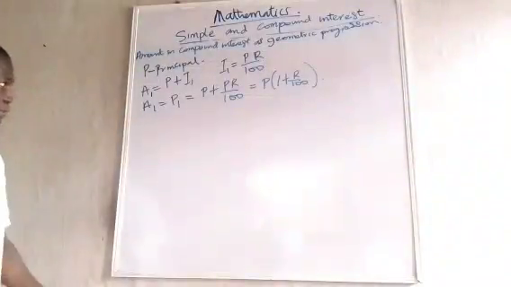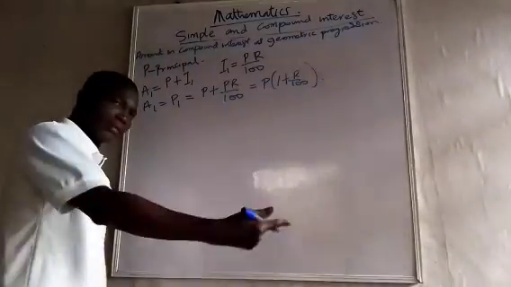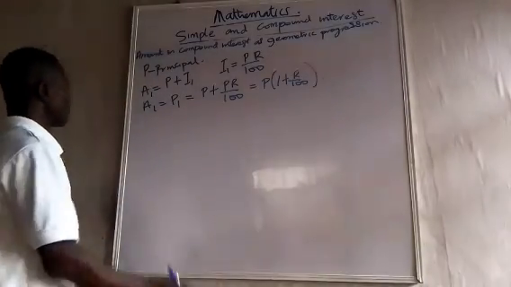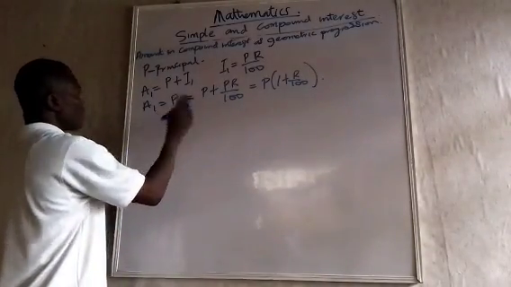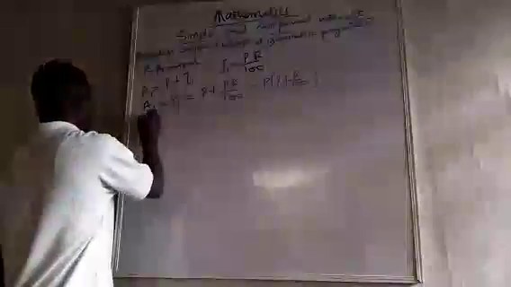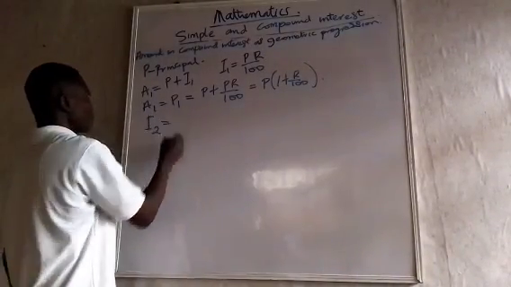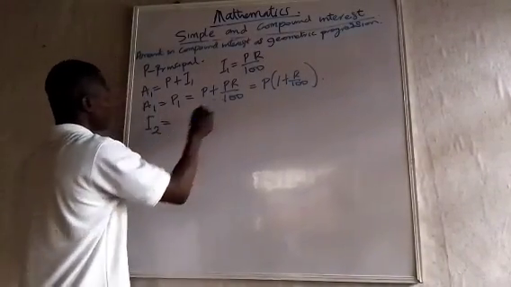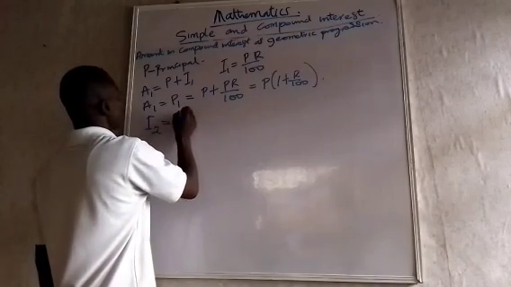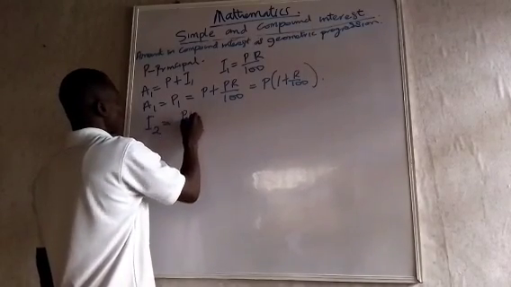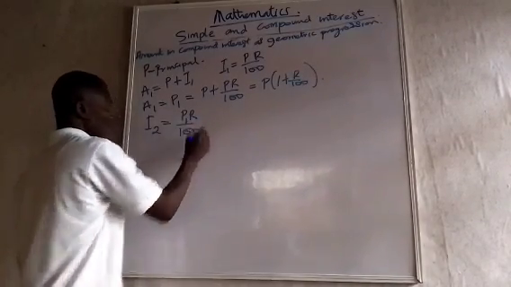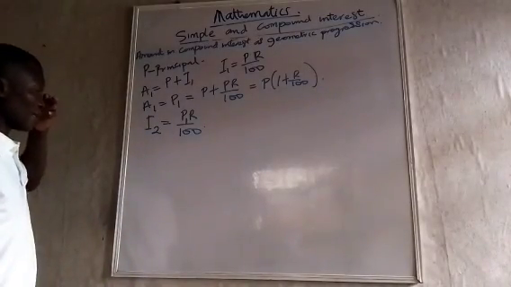That is it. Now, for the next time, we will calculate the interest. I2 will be equal to P1 times R over 100. You can see P1 times R over 100.